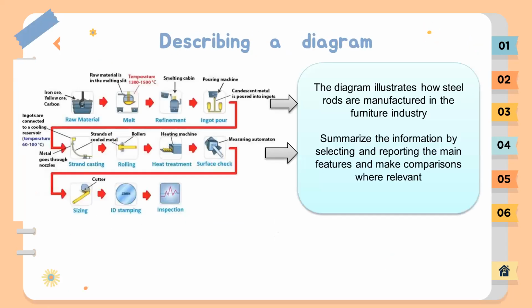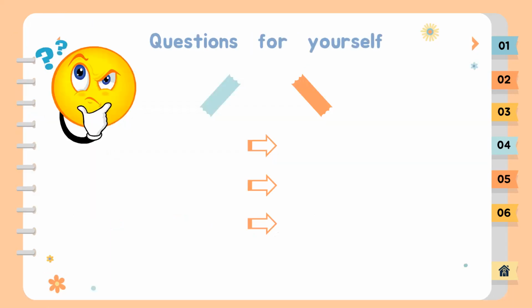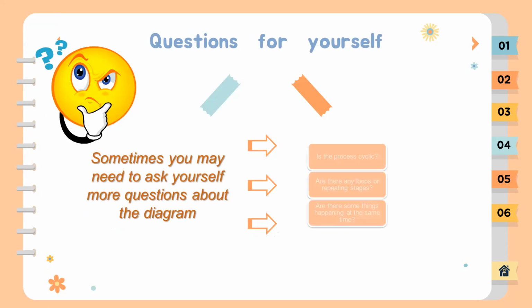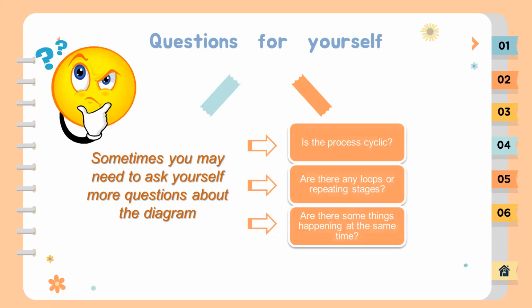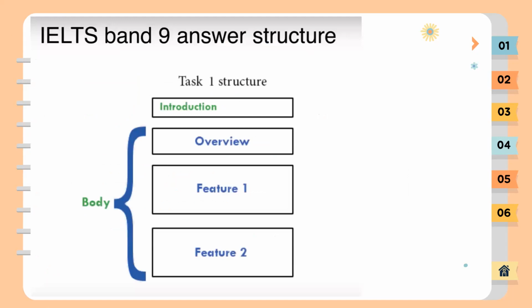Okay, so this is how a process diagram looks like. But before you research or describe a diagram, you have to ask yourself a little question about the diagram. Is the process cyclic, or are there any loops or repeating stages, or is there something happening at the same time? So this is an IELTS Band 9 answer structure.